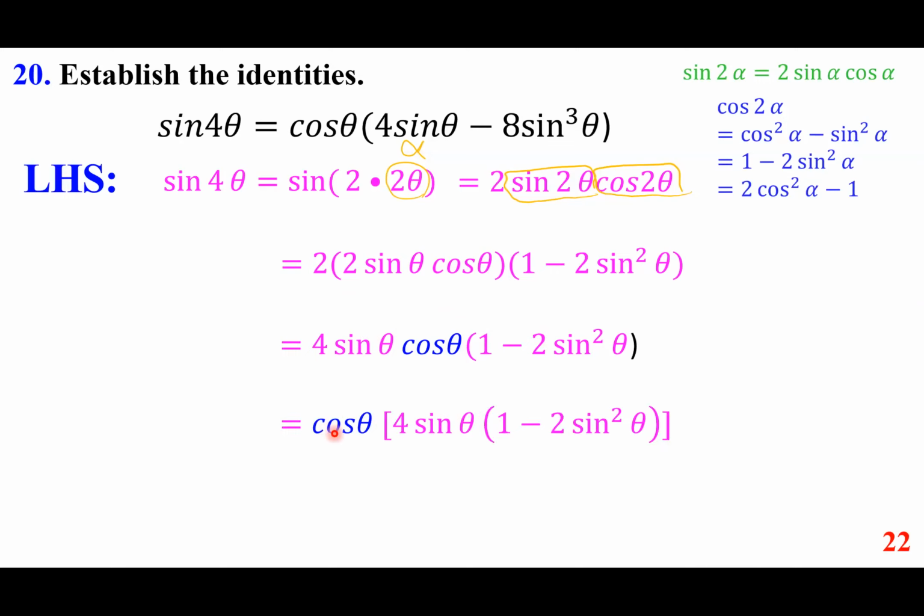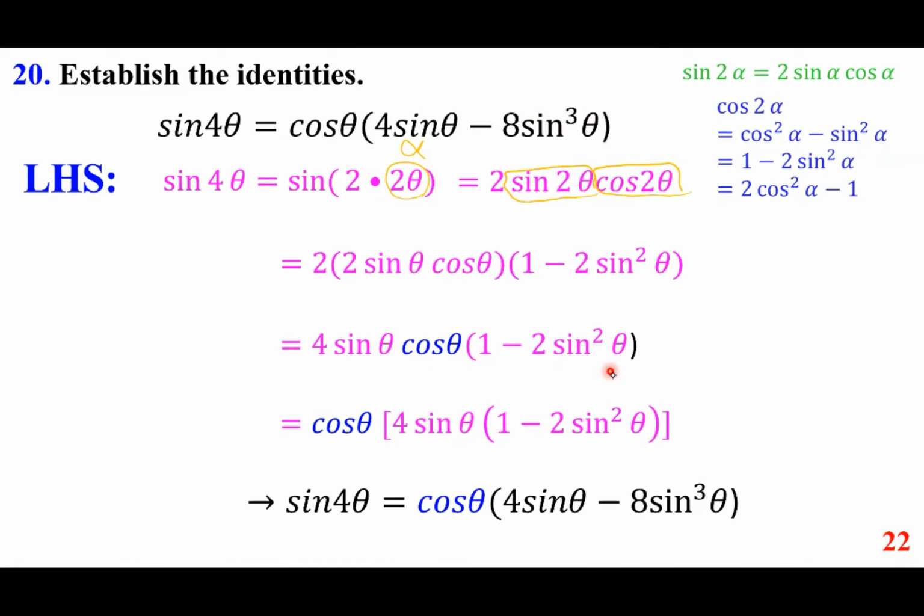So we're going to keep the cosine, because remember, we want it to look like that. So we keep the cosine. We multiply the 4 sine theta by that. If we do that, this gives us 4 sine theta, this gives us minus 8 sine cube theta. And that's the proof.